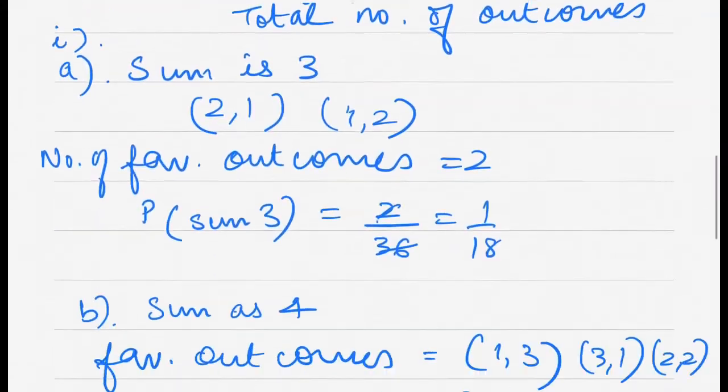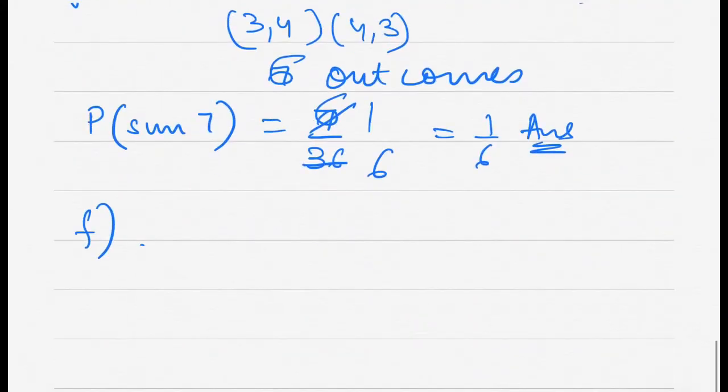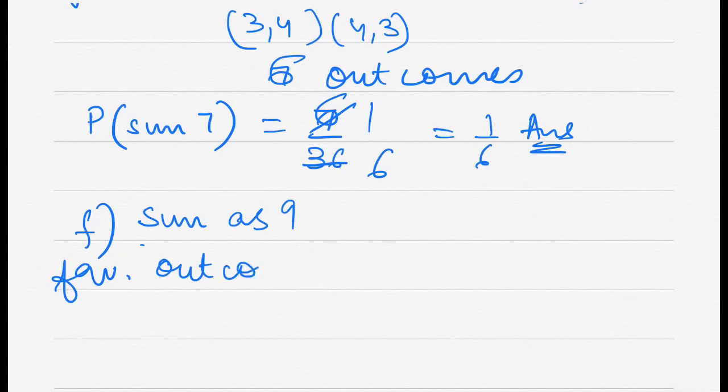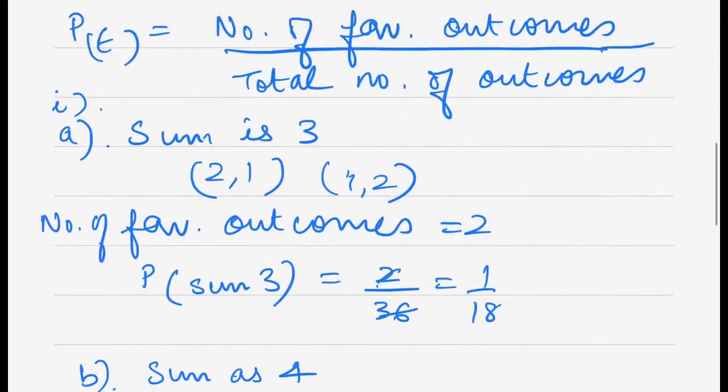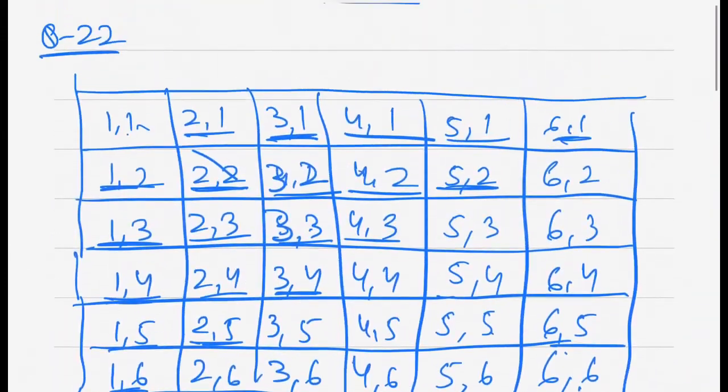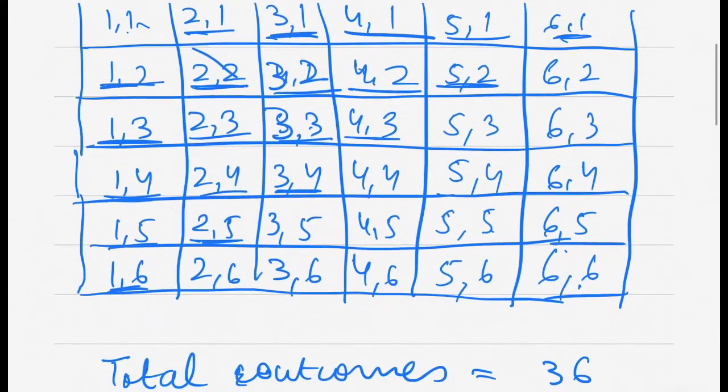Okay, now for 9 I'll go to sum as 9. So now I'll find out the favorable outcomes. For 9 I have to find out.